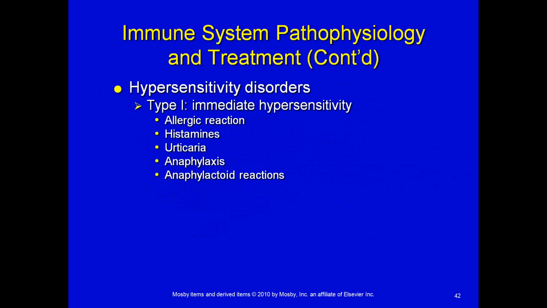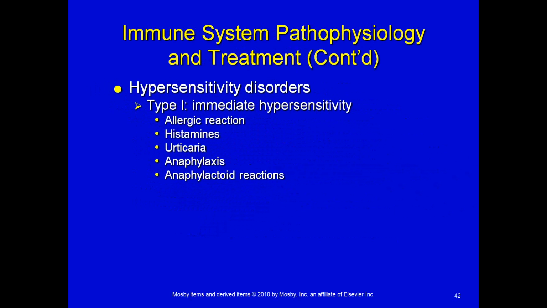During anaphylaxis, the inflammatory response from the histamines and the bradykinins and leukotrienes and those other chemicals, when those are released into the bloodstream in large amounts, the vessels fully dilate, and that's what causes the shock.